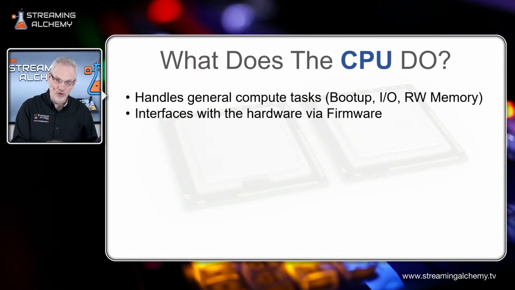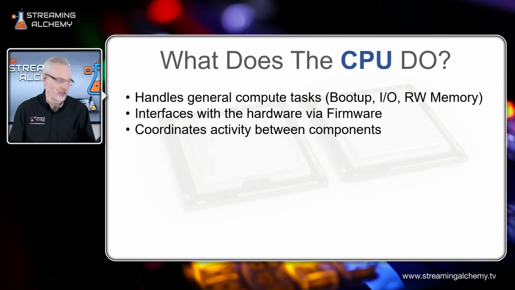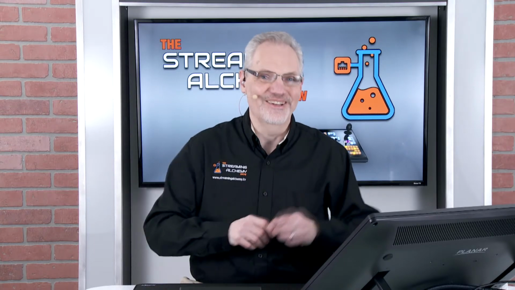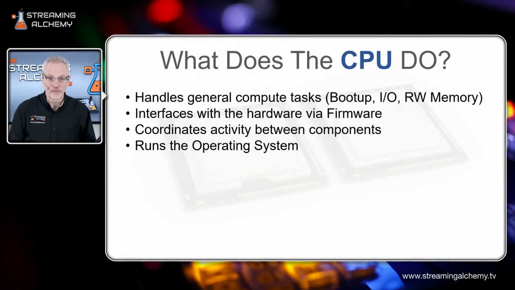So again, a more low-level view of some of the things it does. And it really coordinates the activity. So it doesn't necessarily have to do everything on its own, but it certainly is involved in coordinating things, letting people know when they can talk inside the system and how that data flow gets managed. A lot of that involves the CPU.